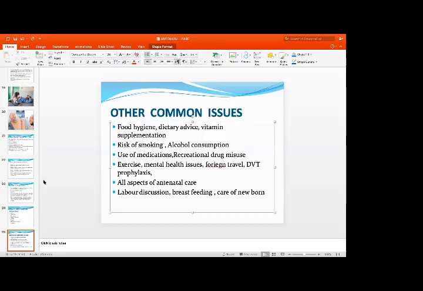Exercise, mental health issues, foreign travel, and DVT prophylaxis. All these issues should be addressed during pregnancy. All aspects of antenatal care should be covered. Labor discussion, breastfeeding, and care of a newborn should also be discussed during pregnancy.